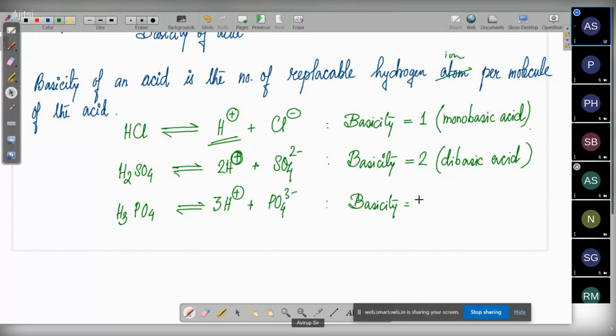So basicity is 3. So that means this is a tribasic acid. Okay. Then can you tell me what will be the basicity of acetic acid, CH3COOH? What will be the basicity of acetic acid?